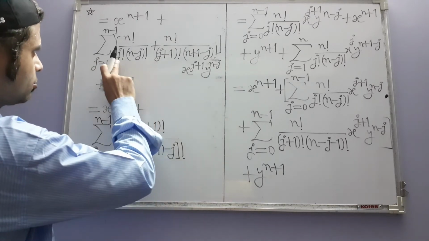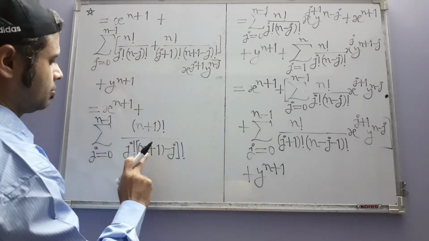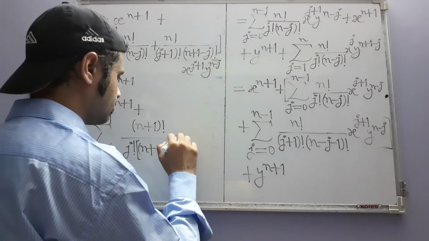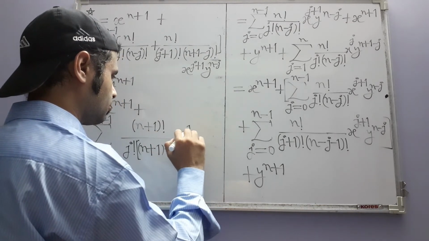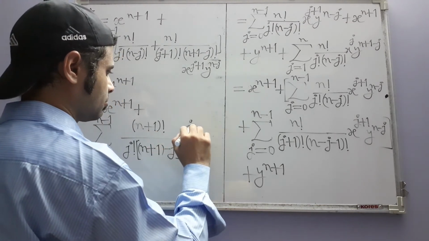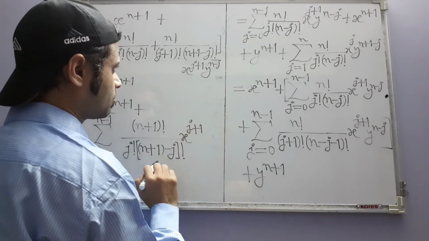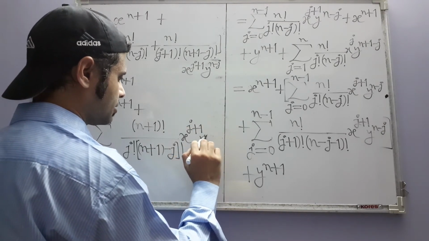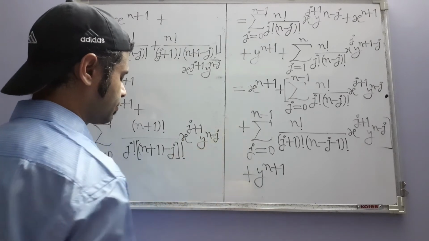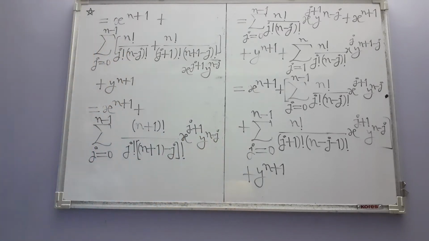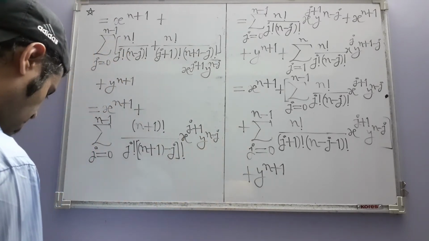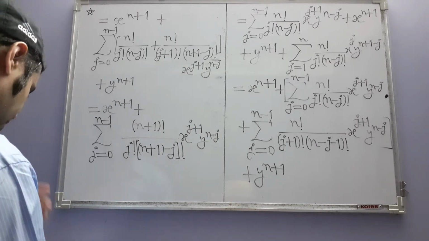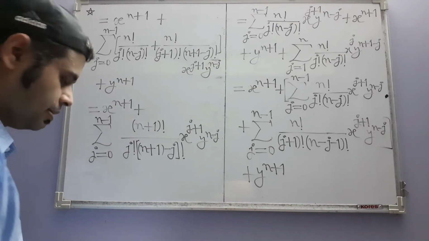That is, one can show that this expression, this sum, equals this. x to the power j plus 1, y to the power n minus j. Oh, it has ultimately come out like this.